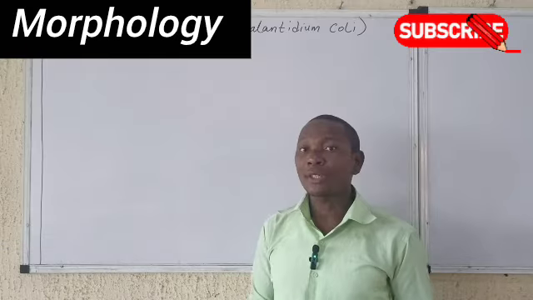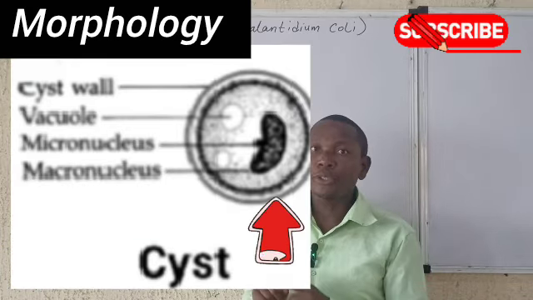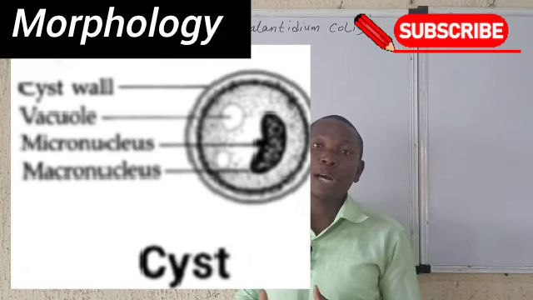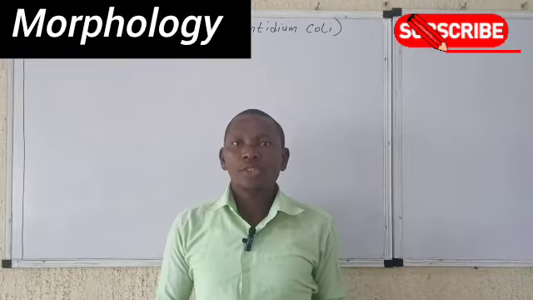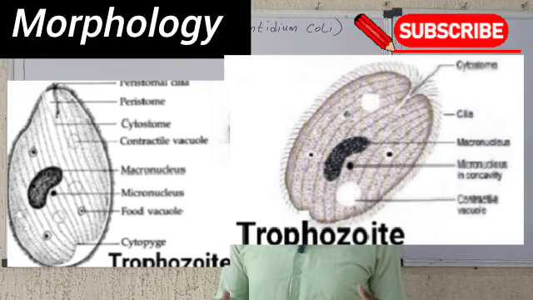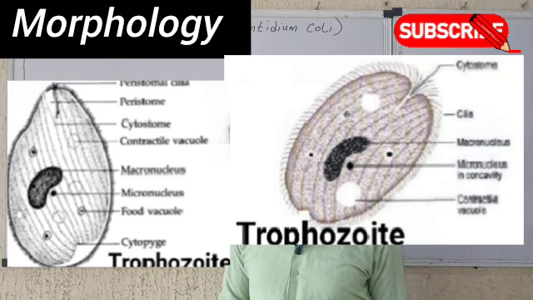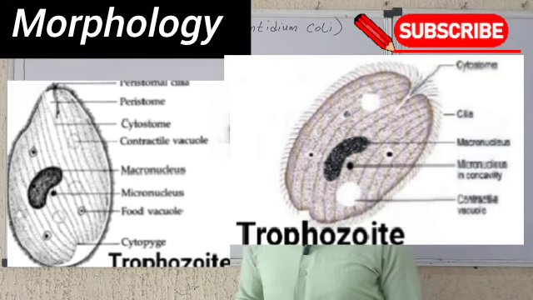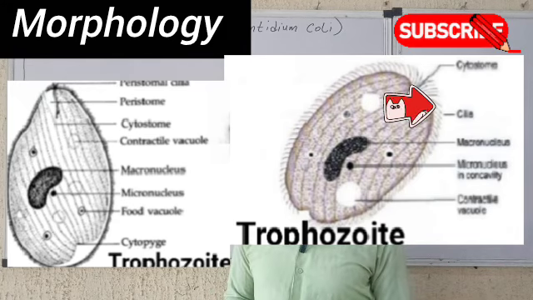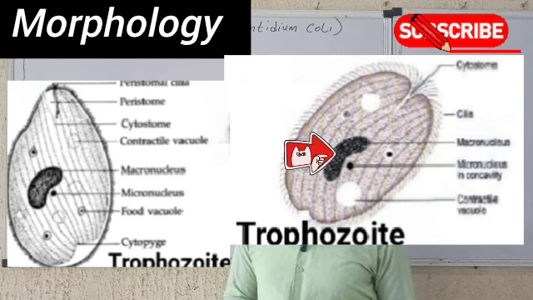The cyst form, as you can see on the board, has the protective covering, the cyst. They also possess the micro and what? The micronucleus. The trophozoite form, as you can see from the diagram, is the large active feeding form present in the intestine of mammals, and it causes balantidiasis. The trophozoite form possesses cilia covering the body and possesses micro and macronucleus.